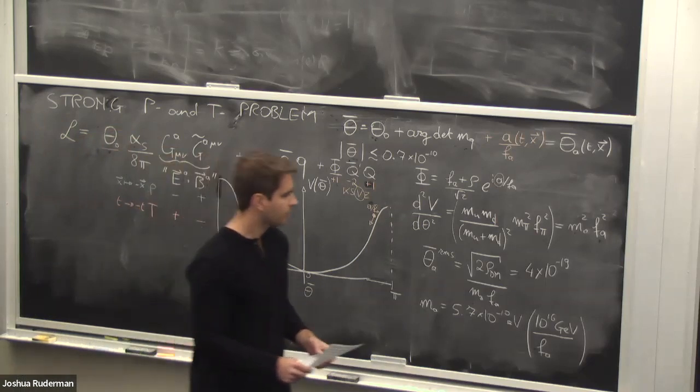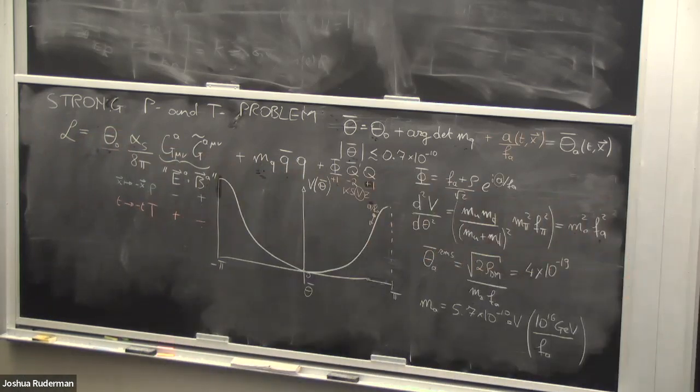So if I plot here the parameter space, roughly the axion lives in this parameter space. Let's see if I can draw a straight line.